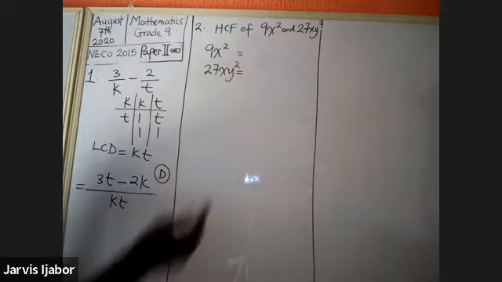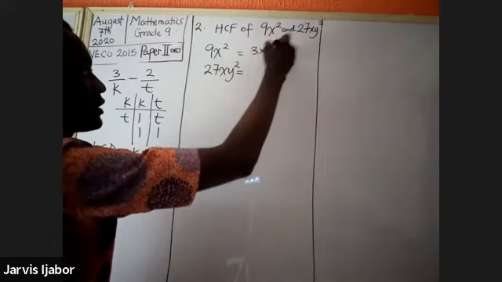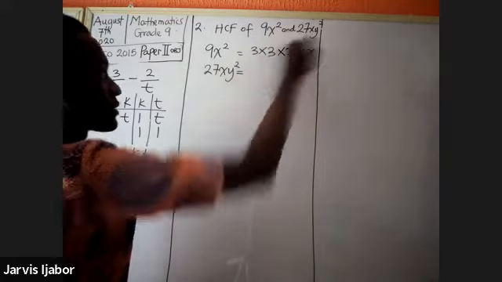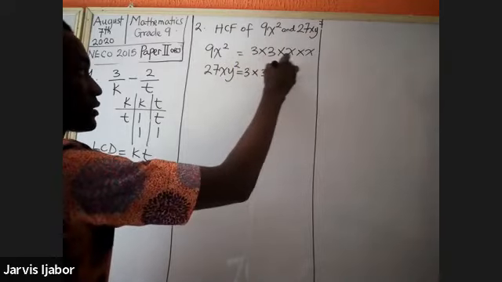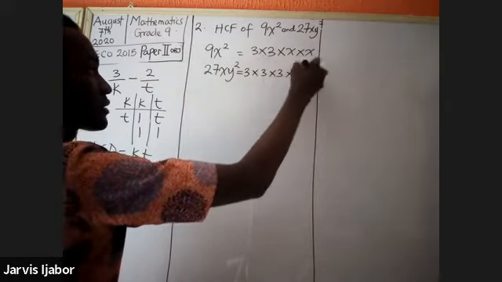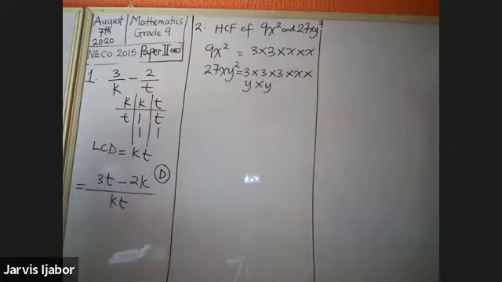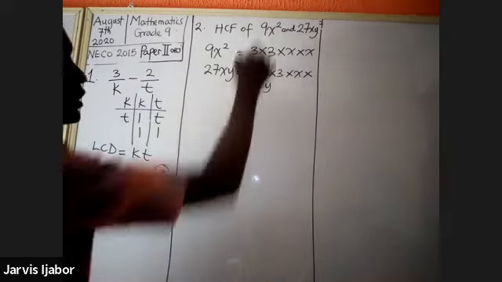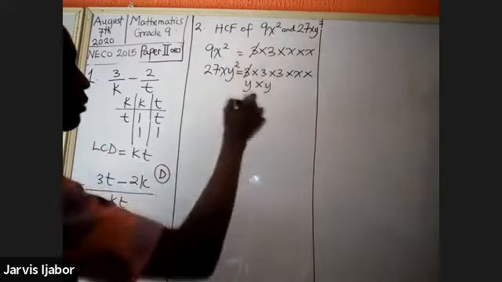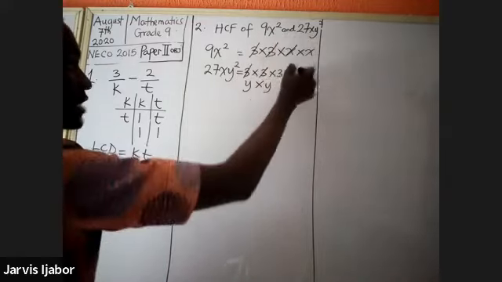For purpose of learning, I'm going to split this out. 9x squared is 3 times 3 times x times x. 27xy squared will be 3 times 3 times 3 times x times y times y. Are you seeing that? Now, check out what is common. This 3 is common, this 3 is common, and x is common here.